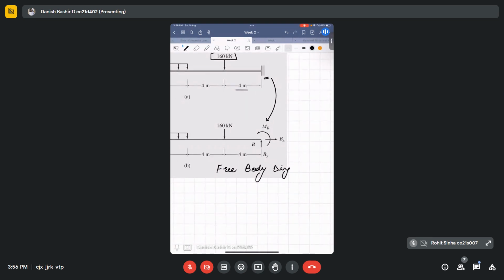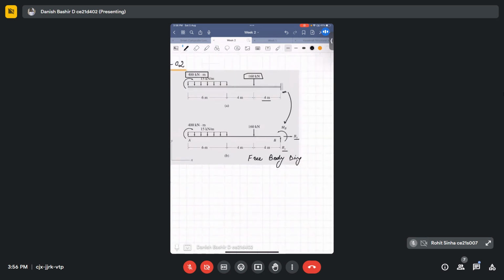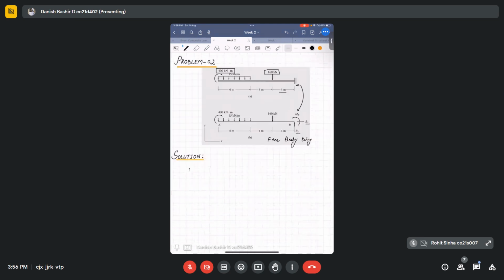At the fixed support, we have three reactions: first axial BX, another vertical BY, and there will be one moment MB also generated. This is a cantilever beam, and obviously it's a statically determinate structure. So by applying the three equations of equilibrium, we will check first. With the first equation of equilibrium, we will go with this.